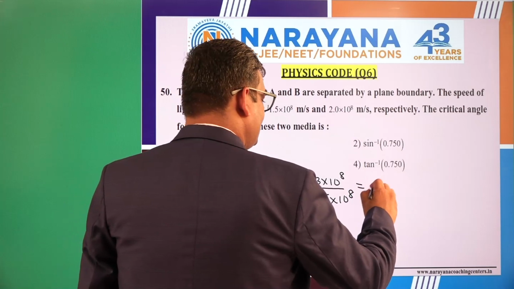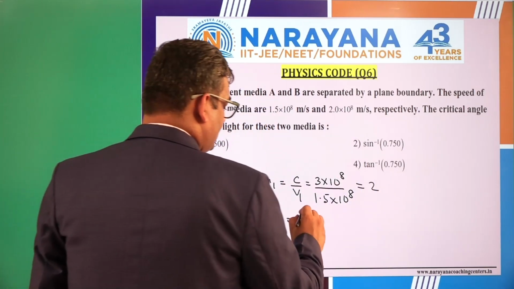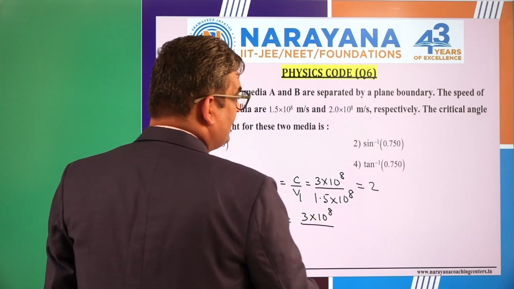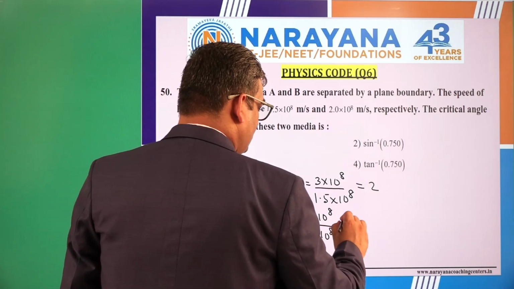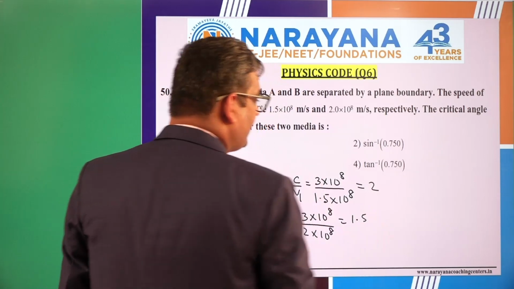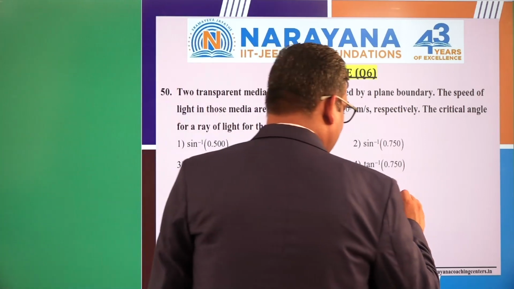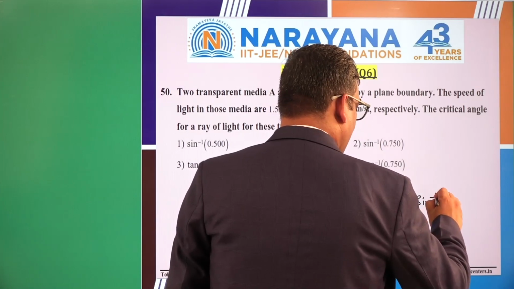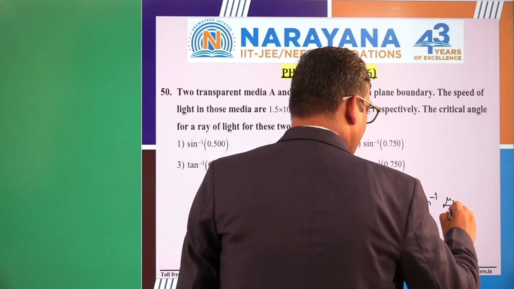which will give us value 2, and mu2 can be written as 3 into 10 raised to power 8 divided by speed, which is 2 into 10 raised to power 8. Now this comes out to be 1.5. And if we want to calculate critical angle, then the simple relation is that critical angle should be sine inverse of mu2 divided by mu1.